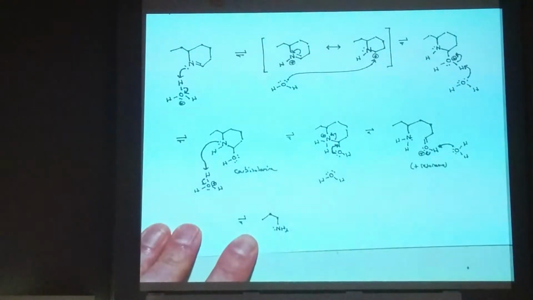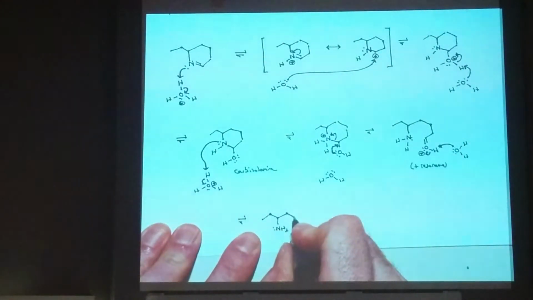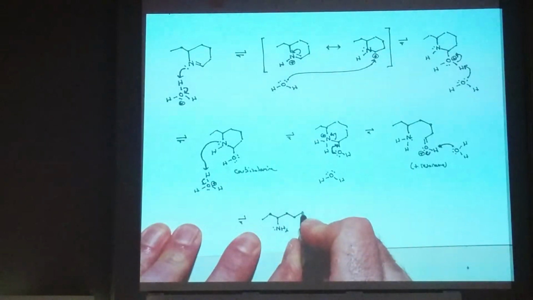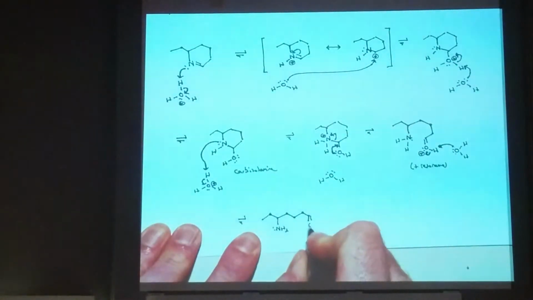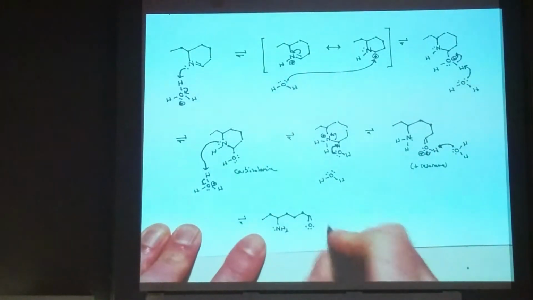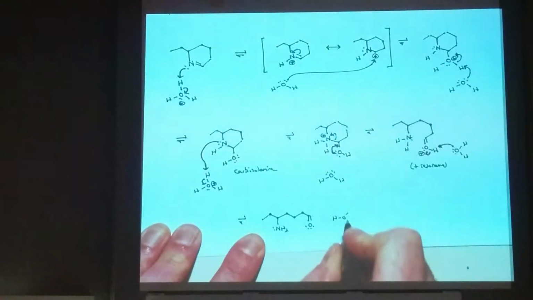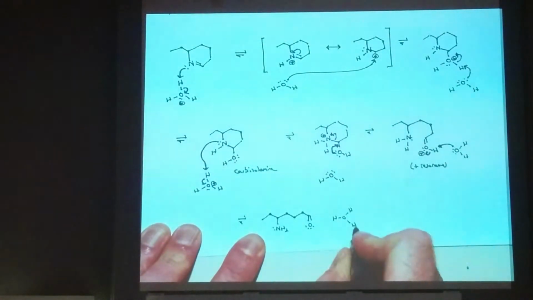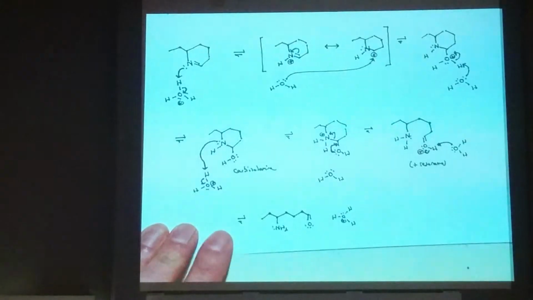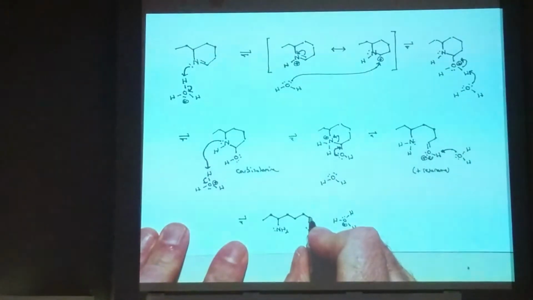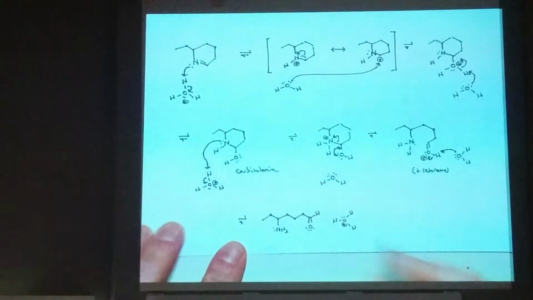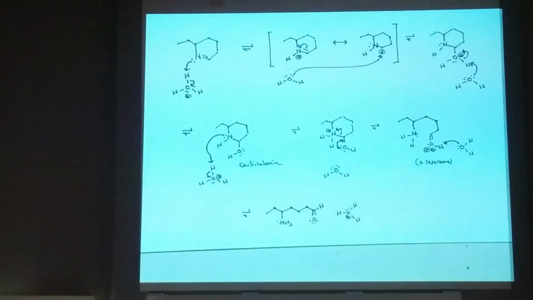Here's our NH2, CH2, CH2, CH2, C double bond O, H3O+. Sometimes you'll see aldehydes drawn without explicitly showing the aldehydic hydrogen, but I like to draw it in. That's our final product.